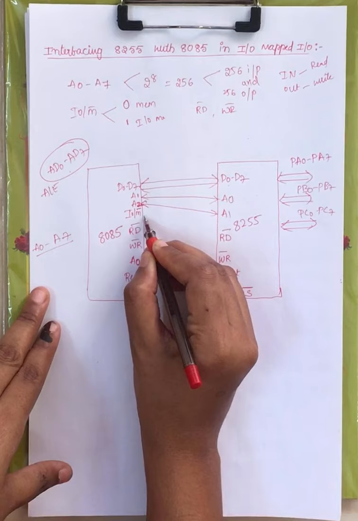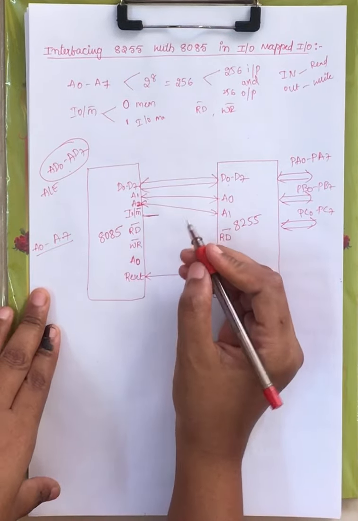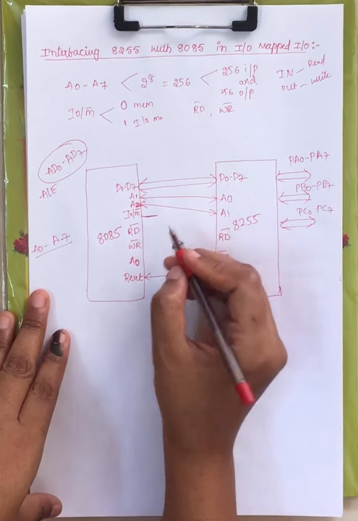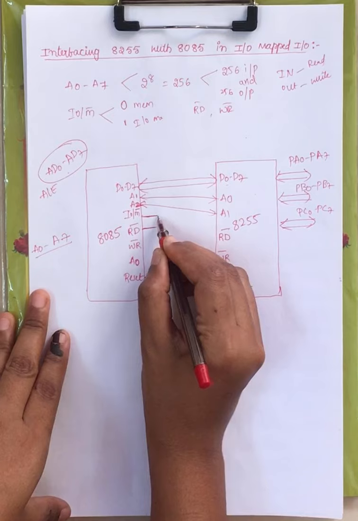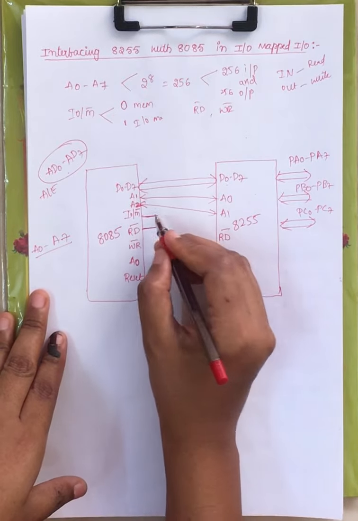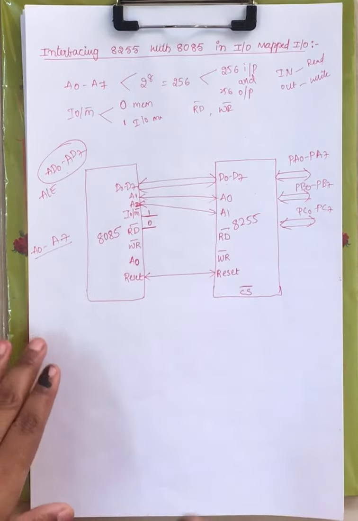Next we have IO/memory bar. Now this signal should be active high. With this signal we are reading. Here this is 1 and this is logic 0 in order to read the data.